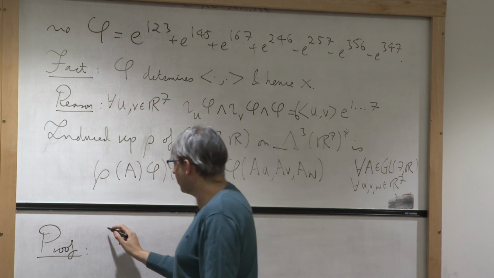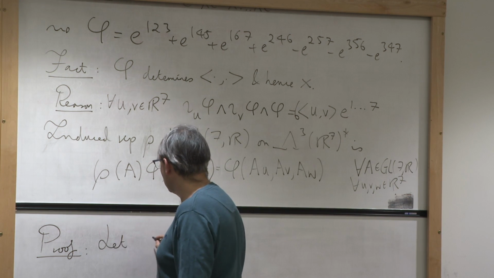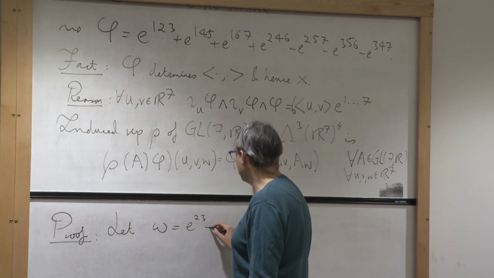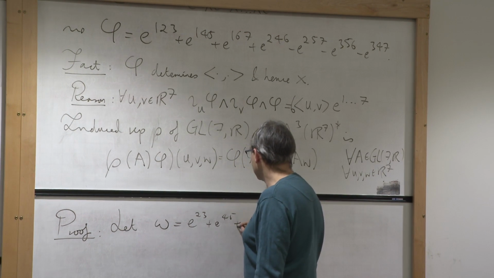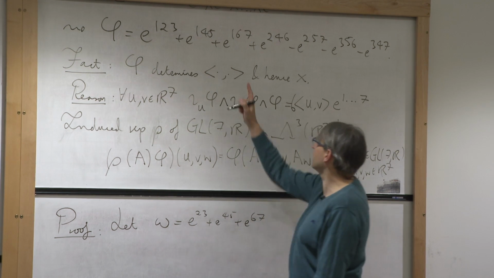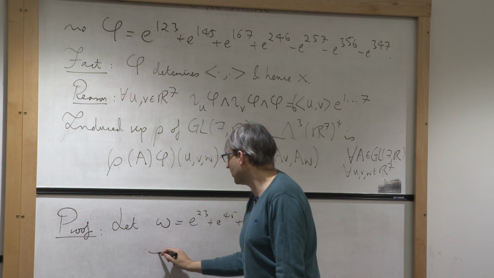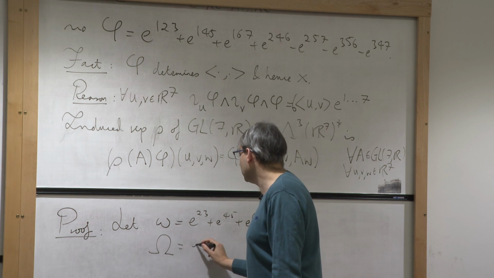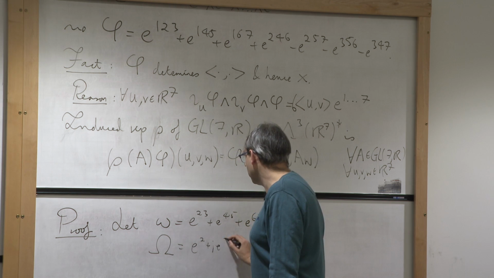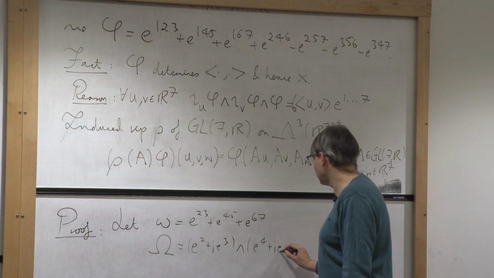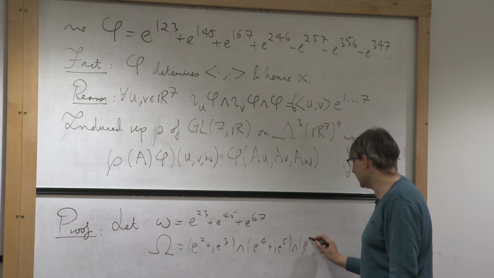So let omega be E23 plus E45 plus E67. That's like the first three terms, but with the E1 missing. And I'm going to let big omega be (E2 plus iE3) wedge (E4 plus iE5) wedge (E6 plus iE7).